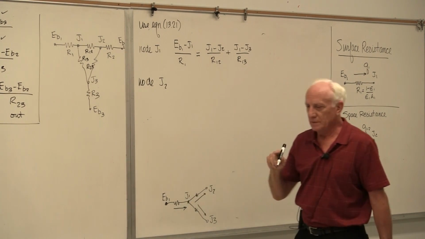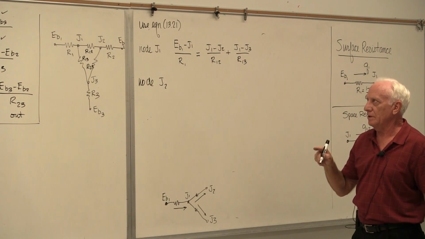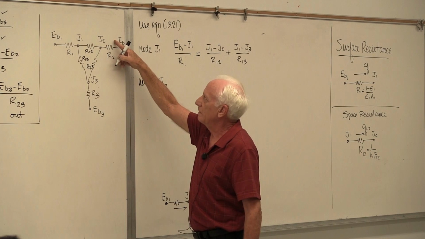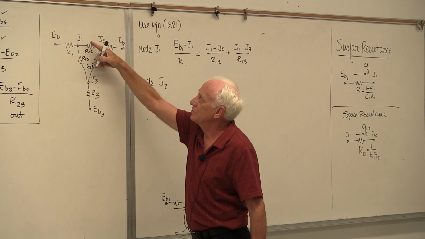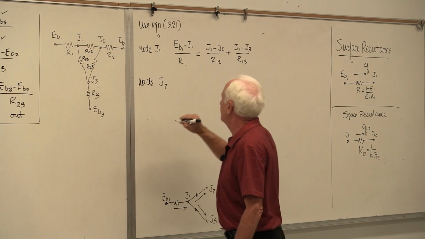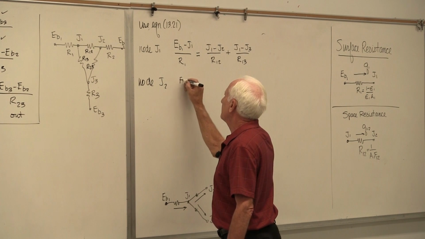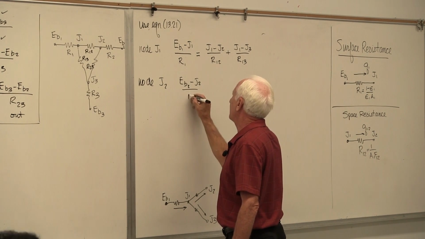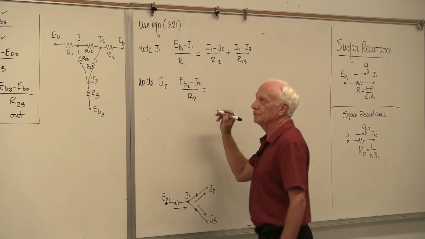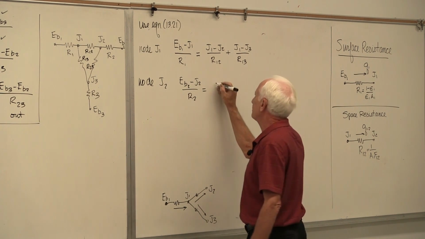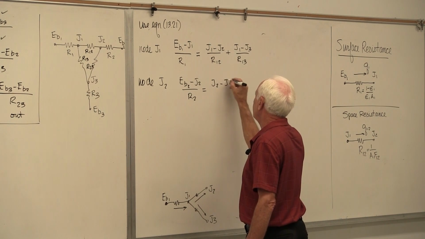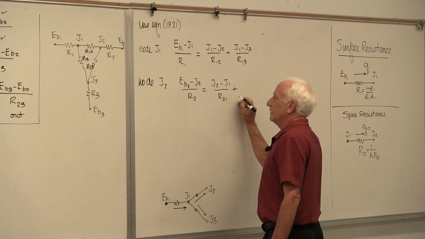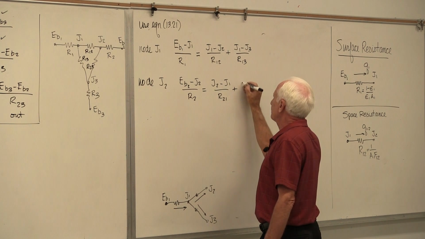Here's what you say. The heat that comes in to node J2 from the surface, that's up here, some goes to J1 and some goes to J3. Okay. EB2 minus J2 divided by R2 equals some goes to node 1. Some goes to node 3.